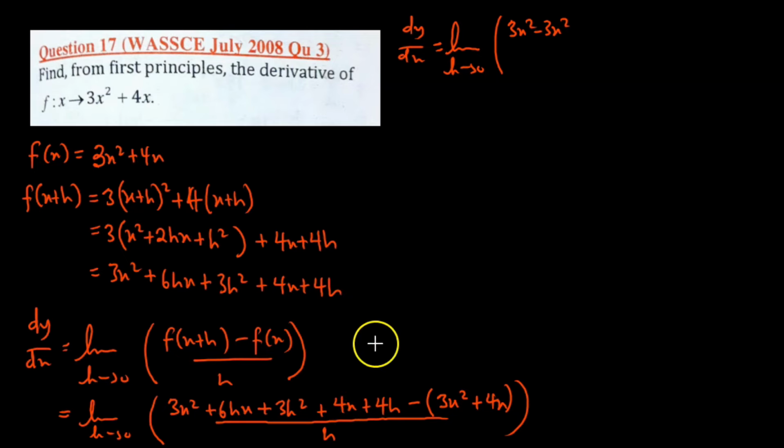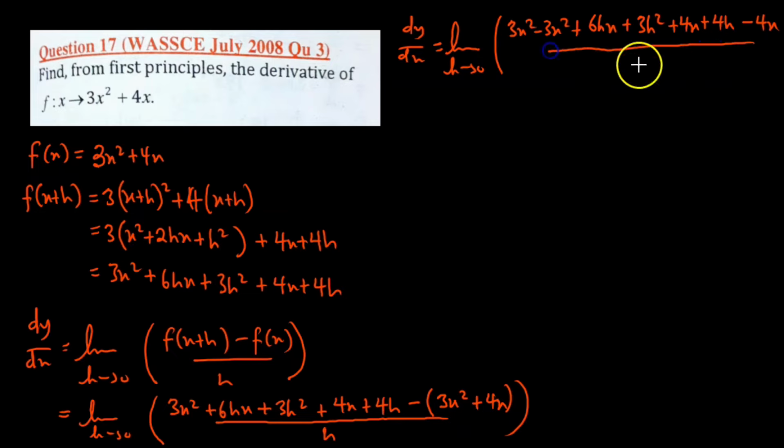And then I equally have plus 6hx plus 3h squared plus 4x and then plus 4h. Then I have minus 4x. So you bear with me that I've considered every expression there, all divided by h. Then I close my bracket.